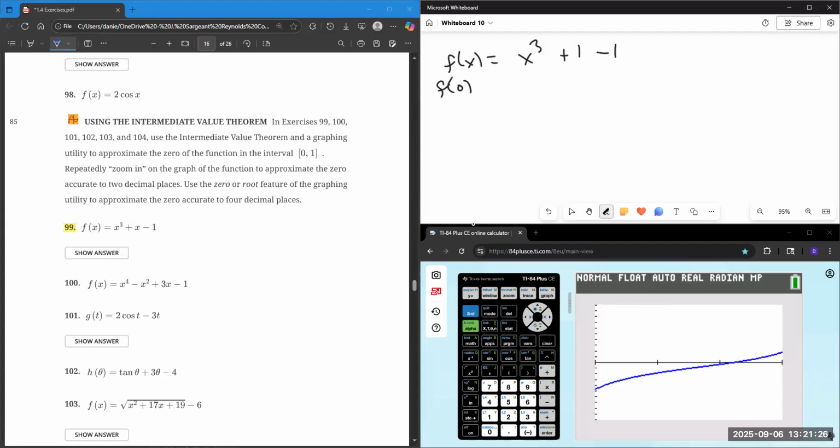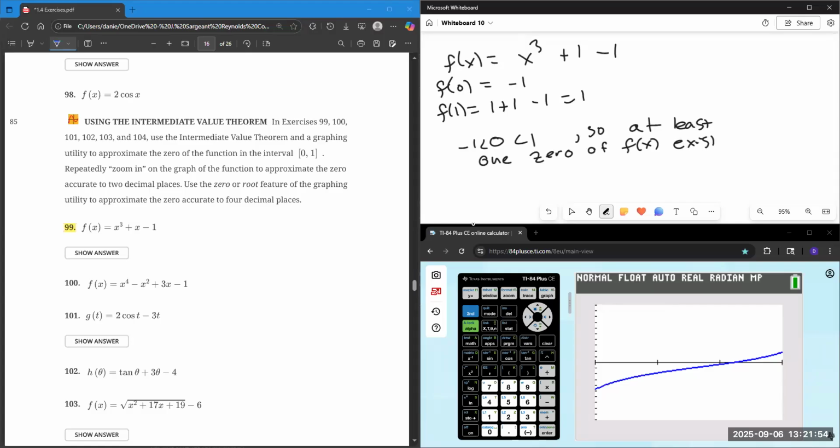This is going to be continuous everywhere because it's a polynomial. So f of 0 is negative 1, f of 1, 1 plus 1 minus 1 is 1. 0 is between negative 1 and 1. So at least 1 zero of f of x exists on the interval 0 to 1.